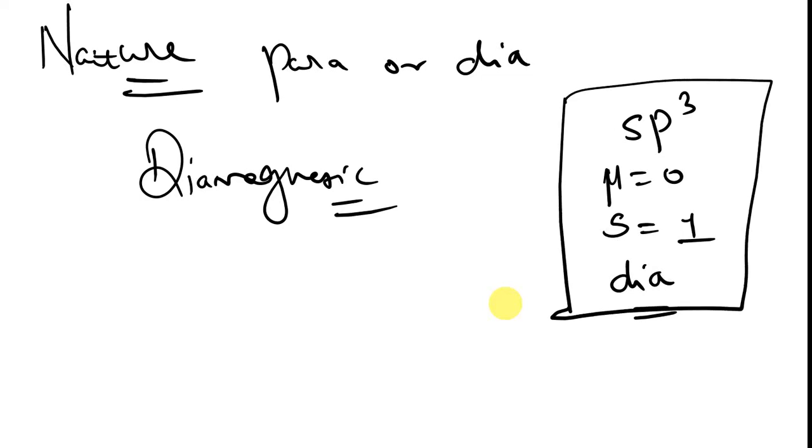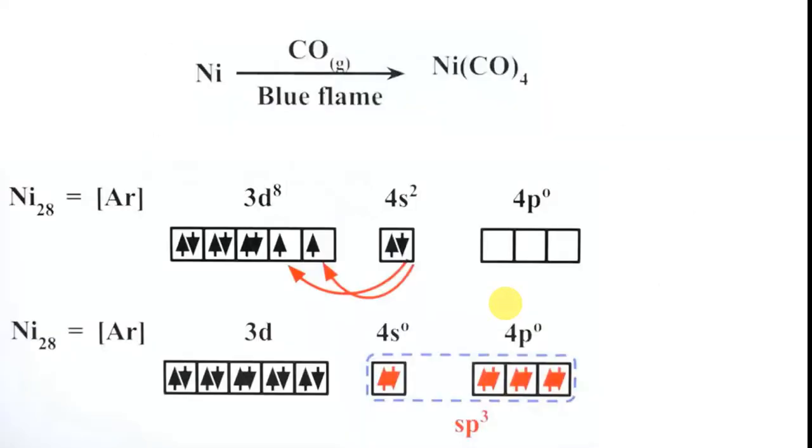Let me tell you in a systematic method. Nickel reacts with CO to form nickel tetracarbonyl. The general electronic configuration is 3d8, that is 1, 2, 3, 4, 5, 6, 7, 8, and the 4s is half filled. When the ligand approaches, it forces these s electrons to get paired up in the d orbital.